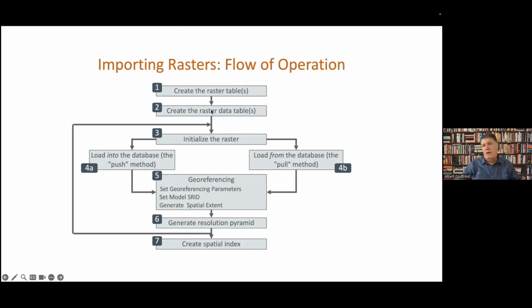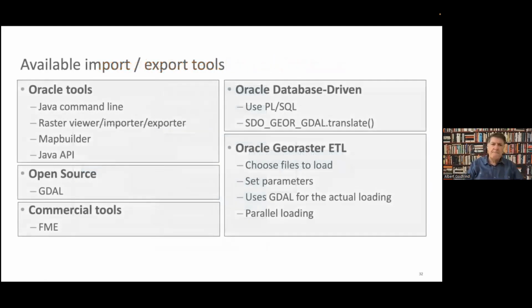Even these two are optional, they could be done automatically, but it's probably a good idea, for a DBA at least, to really control where the RDTs are going. They are going to be really big, so which tablespace or which media will they be stored on? In terms of tools, we have tools available like a Java command, etc. Mostly what people are going to be using is GDAL.